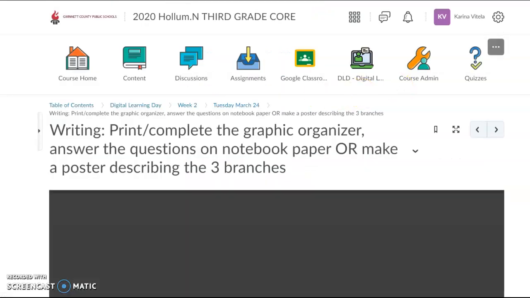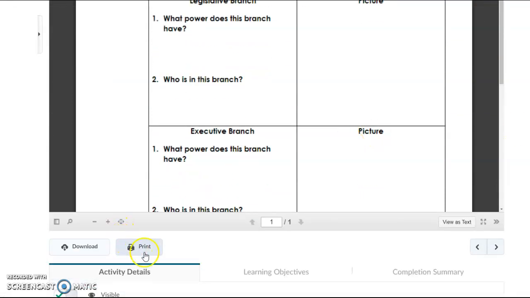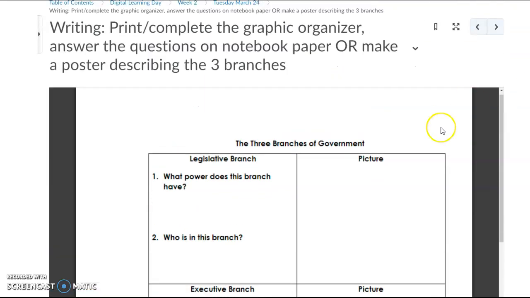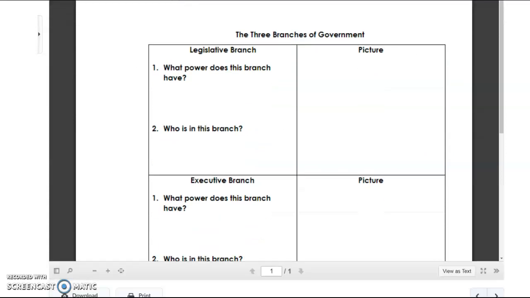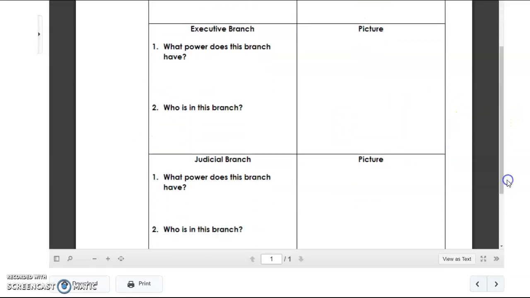You're going to be able to print this graphic organizer, or you can make your own graphic organizer on notebook paper, and you can write your answers right there. So it's divided into 3 different sections: the legislative branch, the executive branch, and the judicial branch.